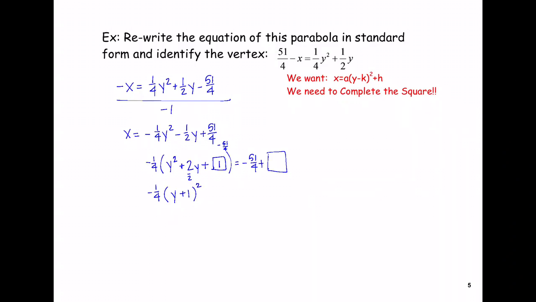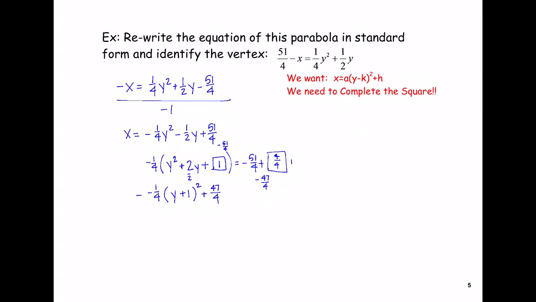1 squared is 1, and when we write 1 over here, that's the same as saying 4 over 4, because in order to add fractions I have to have a common denominator. So on the right-hand side, I'm going to end up with negative 47 over 4. I need to use my inverse operation and add that.